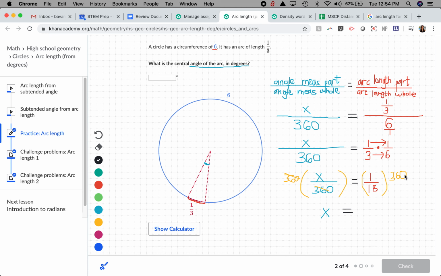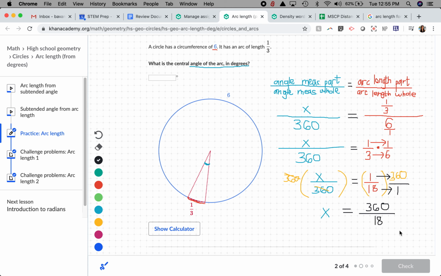1 over 18 times 360. What I'm going to do is make this into a fraction, because what we practiced earlier is all you have to do is multiply across. So 1 times 360 in the numerator will give you 360. And in the denominator, multiplying across again, 18 times 1 will give us 18.